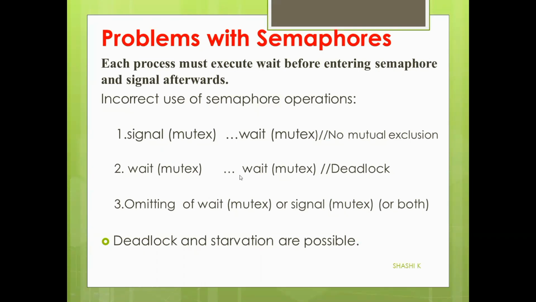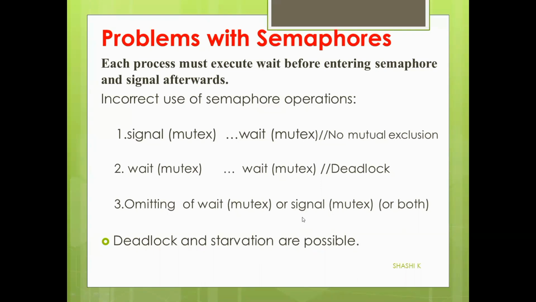Because of this, all processes in the system might be waiting for the semaphore and they will never be able to get it, and so it leads to a deadlock. Another problem is if the programmer forgets to put the wait or the signal of the semaphore. In this case also, deadlock and starvation are possible.